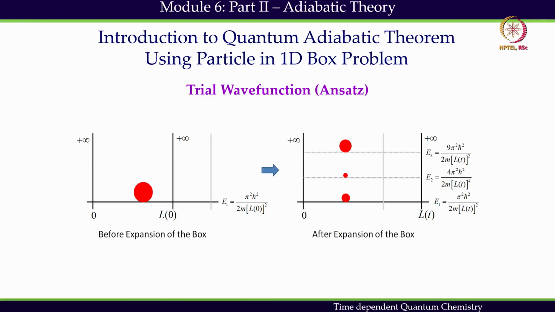With this understanding we will move on and look at the problem we have, the non-stationary state of the particle. Basically, before expansion of the box, the particle is in a stationary state, and the state is defined by the Hamiltonian H0.